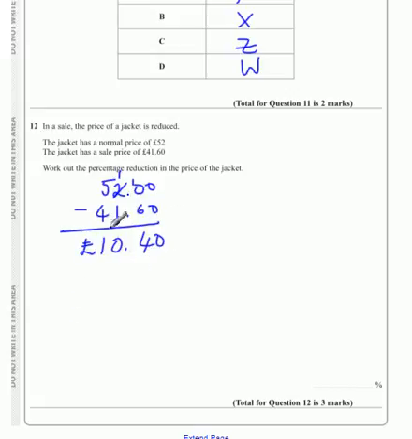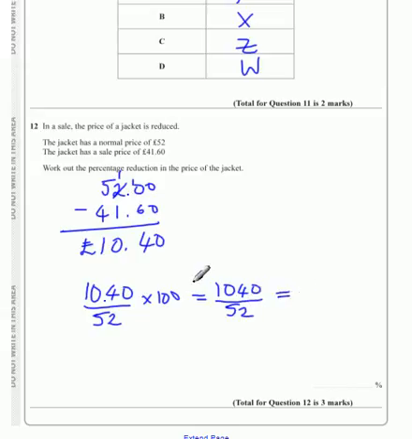We want to work out what this is out of the £52 we started originally to get the percentage. So that is £10.40 out of 52. To get this as a percentage, we are going to times by 100. So working this out, that's going to be 1040 over 52. And then we can simplify this down to get our percentage.